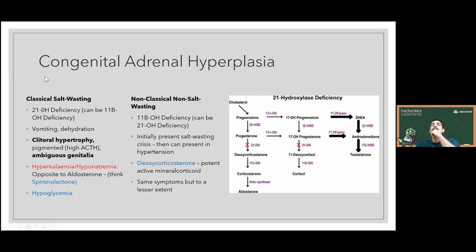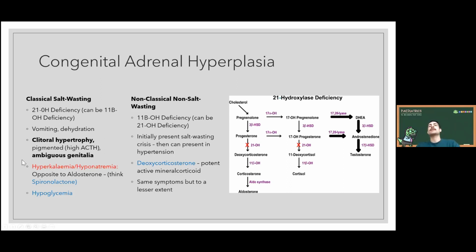And you can get the picture of classical salt wasting or non-classical. With classical salt wasting, the way I remember it is, because you're not getting aldosterone, it's like you're giving them so much spironolactone. It's the opposite. So you get that potassium sparing diuretic effect where you're getting hyperkalemia and hyponatremia, and they're shocked.